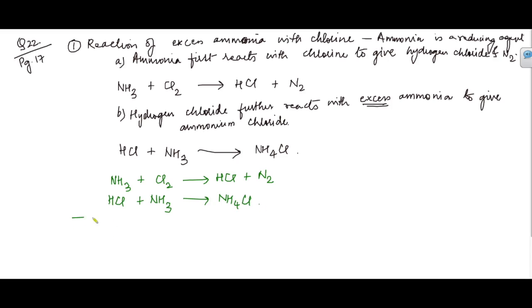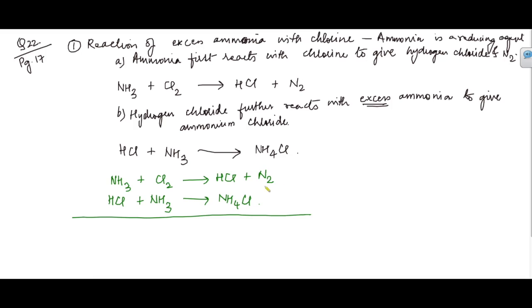These are the two reactions, and you need to balance this reaction of excess ammonia with chlorine by the partial equation method. Now look at both steps and check which of the reactions are not balanced.